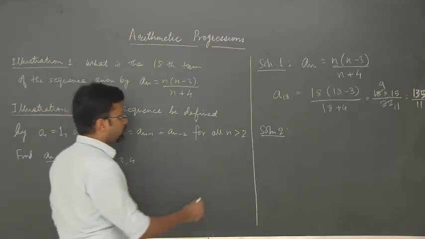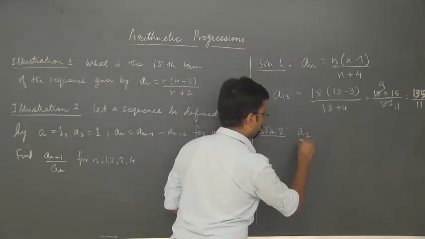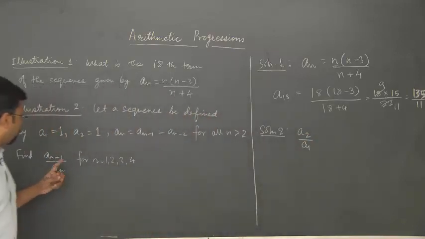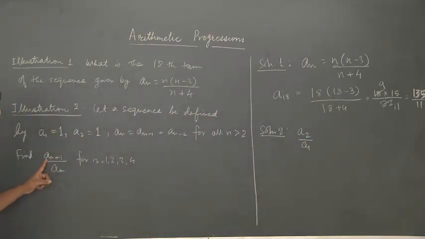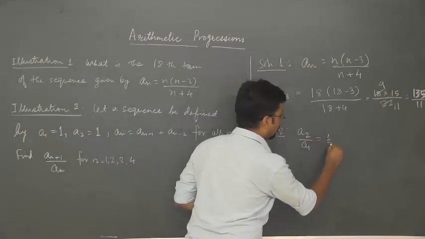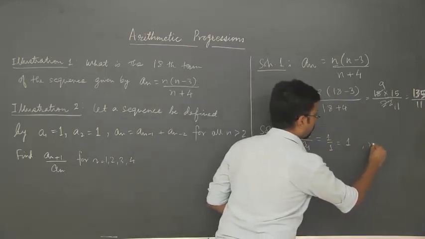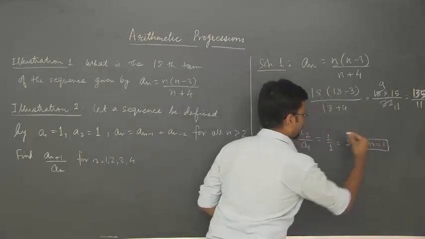So when n equal to 1, what do we get? a2 by a1, right? If you put n equal to 1, the numerator is a2, and the denominator becomes a1. So we have to find a2 by a1. a2 and a1 both are given to be 1, hence it is 1. So for n equal to 1, this is what we get.